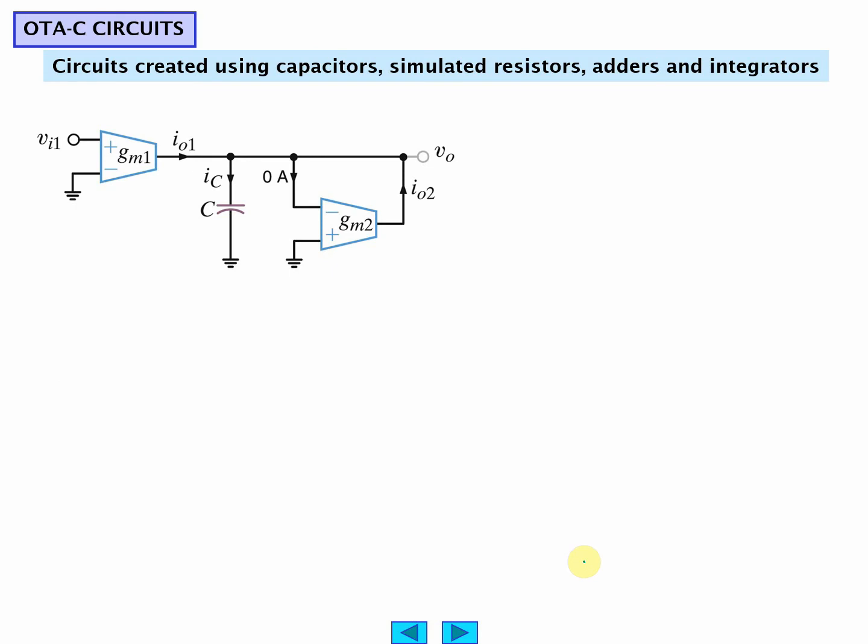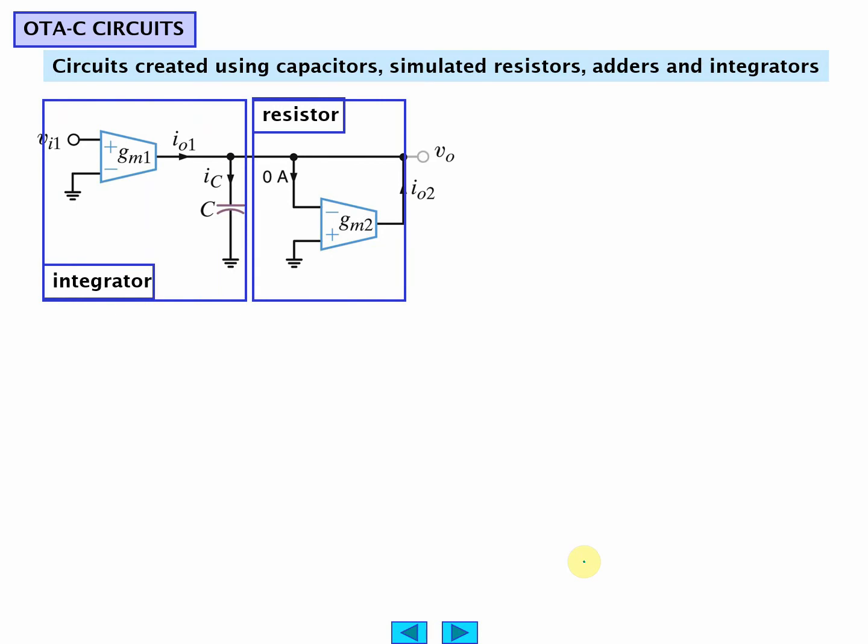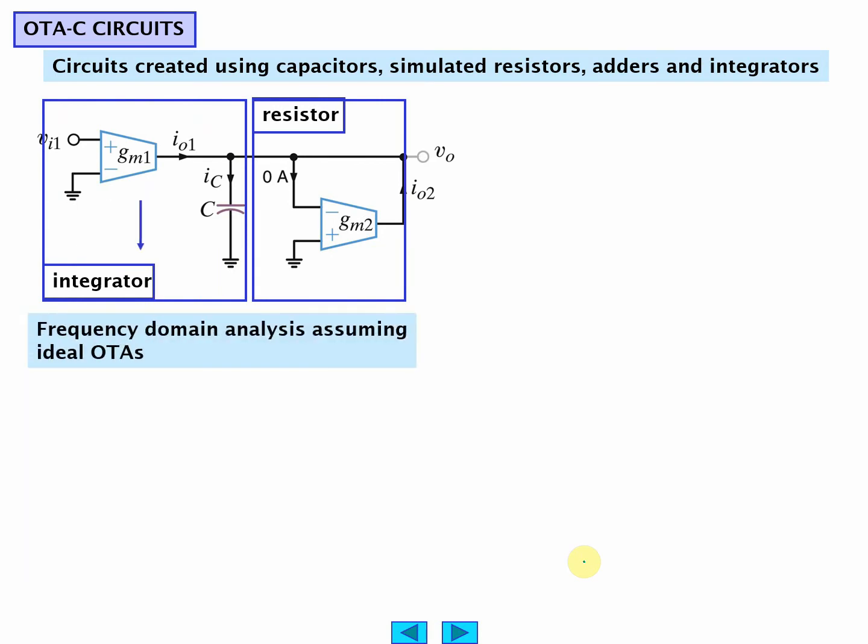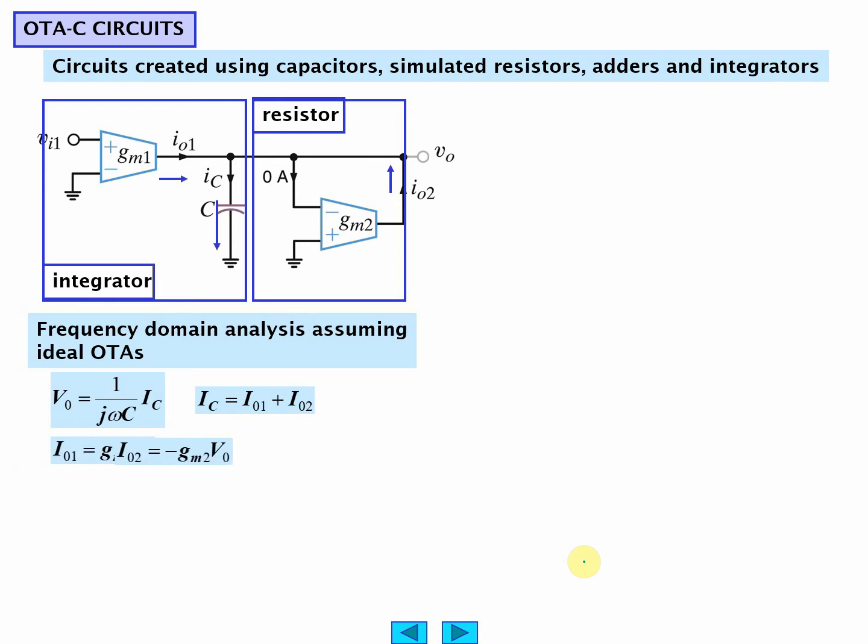Okay, we can simulate, we can also simulate inductors, by the way. So here we have an integrator, which is like a capacitor and a resistor. And we've seen this already on an earlier slide.